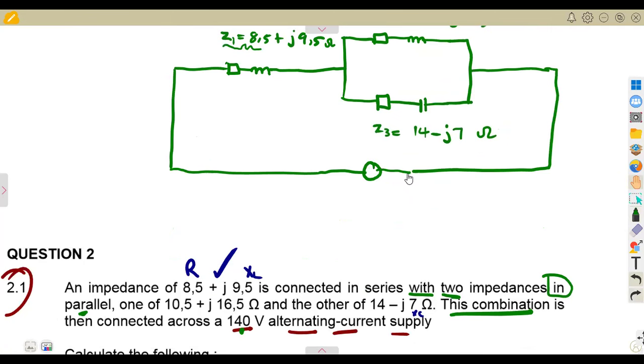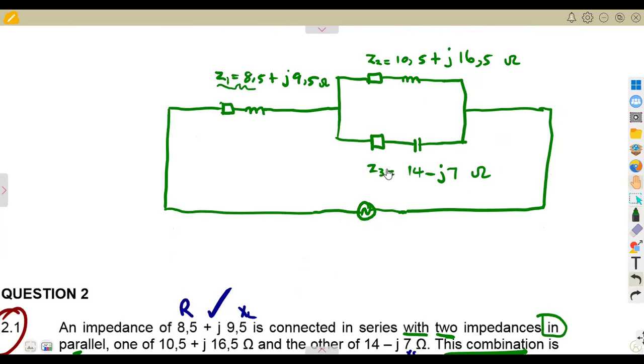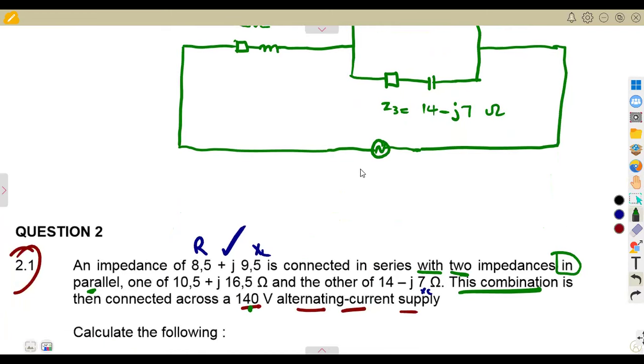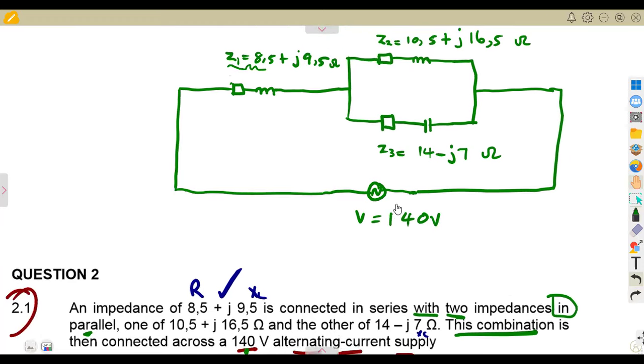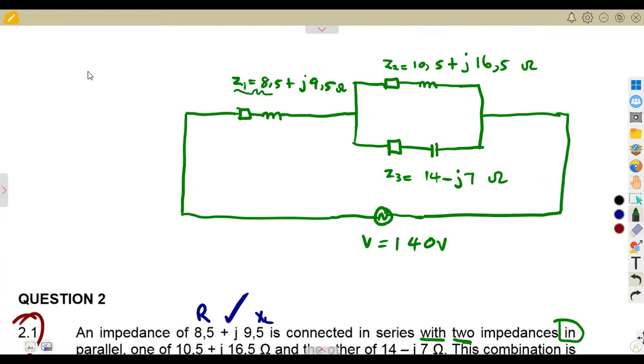So we have got an alternating voltage of 140. So the voltage is given as 140. We do not have the frequency, all right? So the frequency is not given. This is what you're given, the whole of this part.